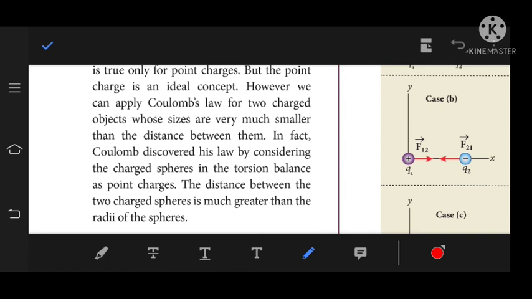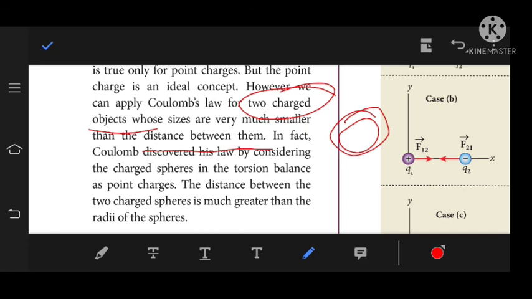However, we can apply Coulomb's law for two charged objects whose sizes are very much smaller than the distance of separation between them. As I said, for a point charge, the object size is very small compared to the distance of separation.